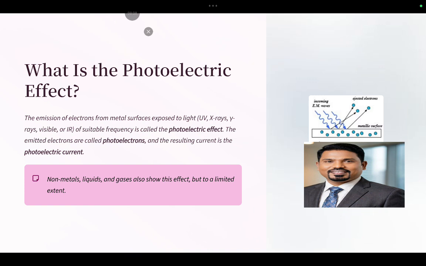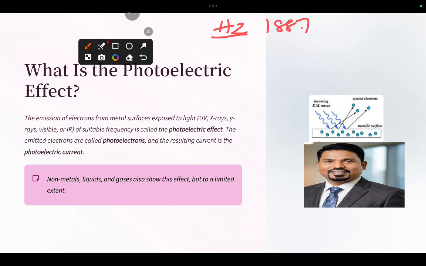The first one is Heinrich Hertz. In the year 1887, Heinrich Hertz first observed the photoelectric effect while experimenting on electromagnetic waves.